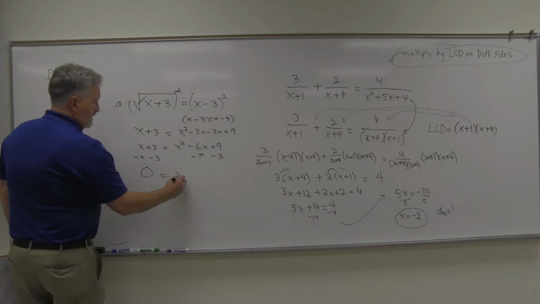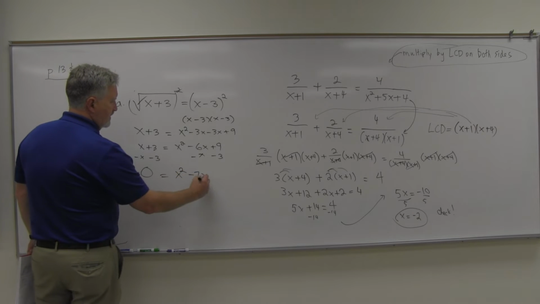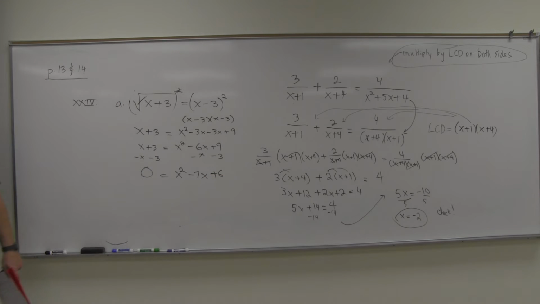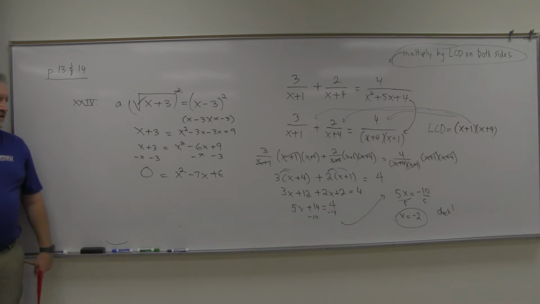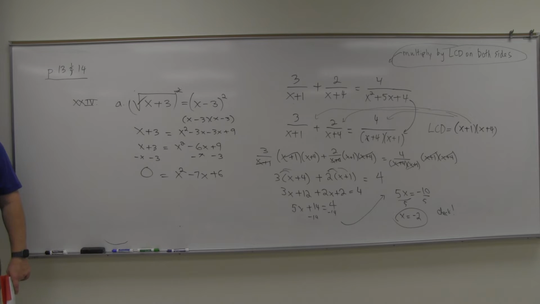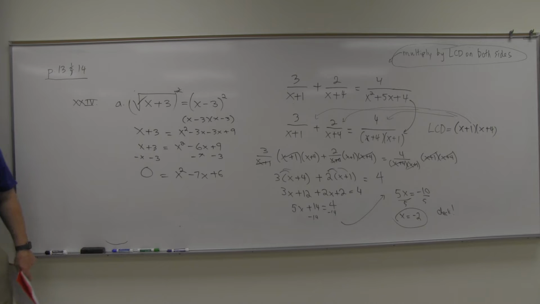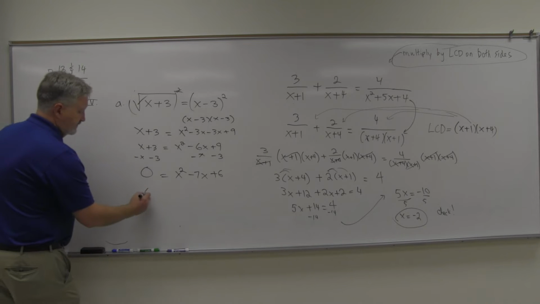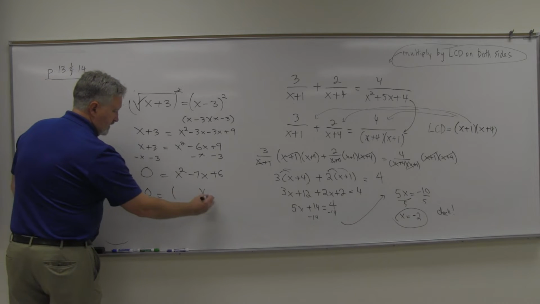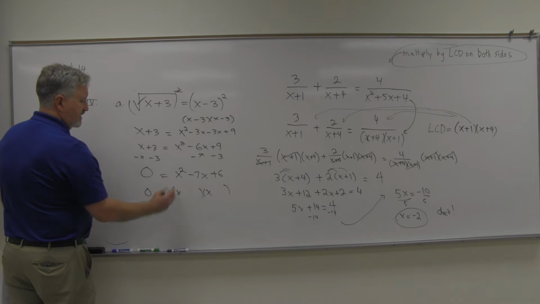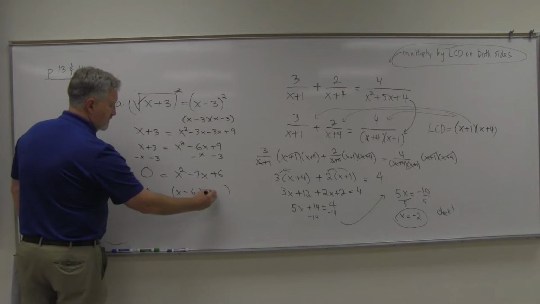And so that gives me x squared minus 7x plus 6. 0 equals that. So far so good? Now we can factor or use the quadratic formula here. I'm going to go ahead and factor, it's a little quicker. X squared, so x and x, 6 and minus 7 in the middle, so that's minus 6 and minus 1.